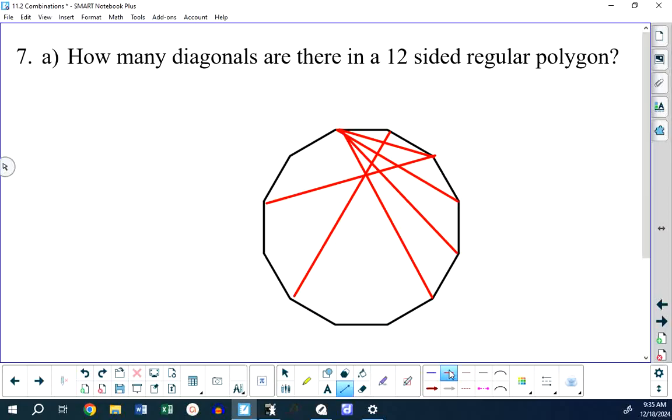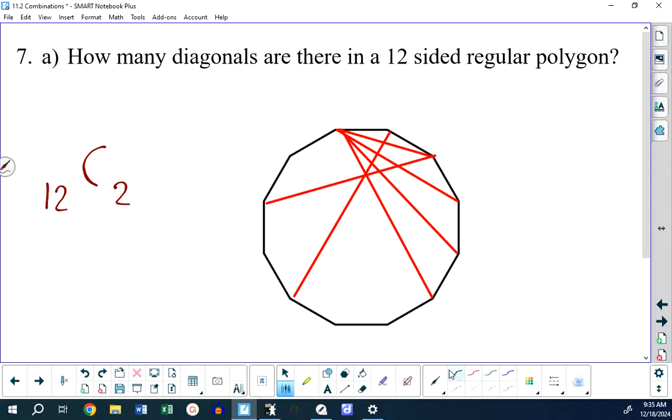What's important is we don't try to draw it to answer the question. We say, of the 12 vertices, we need to choose 2 of them to connect. But this is not the answer. Can I get a number on this first, what 12 choose 2 is equal to? 66.